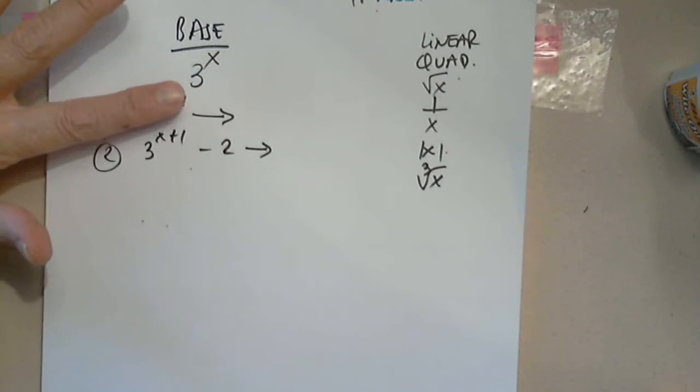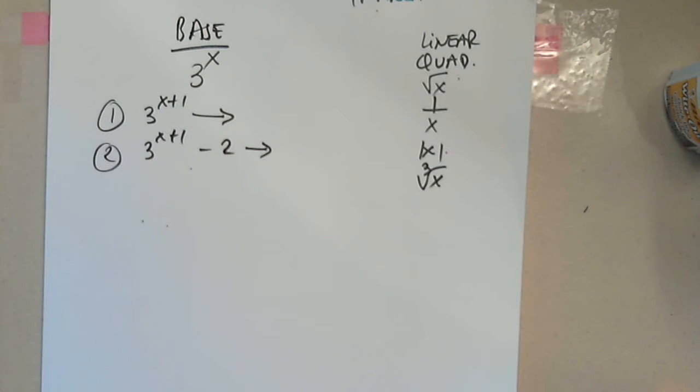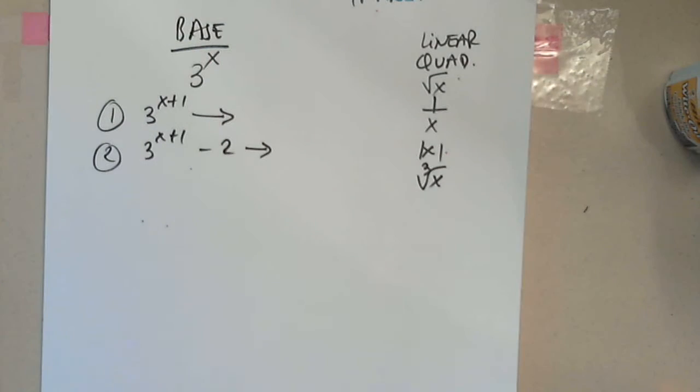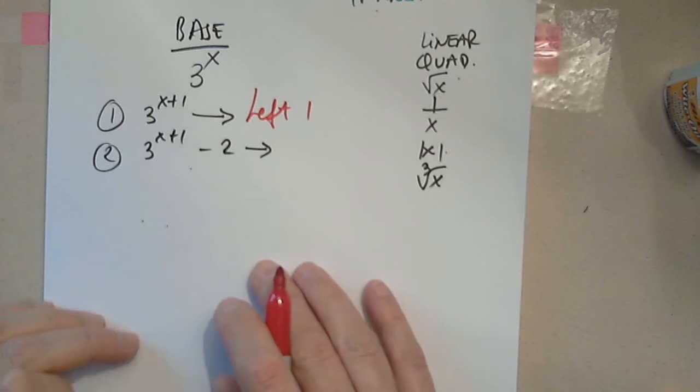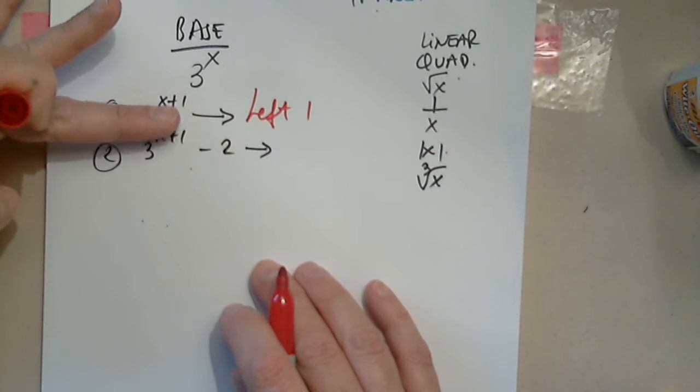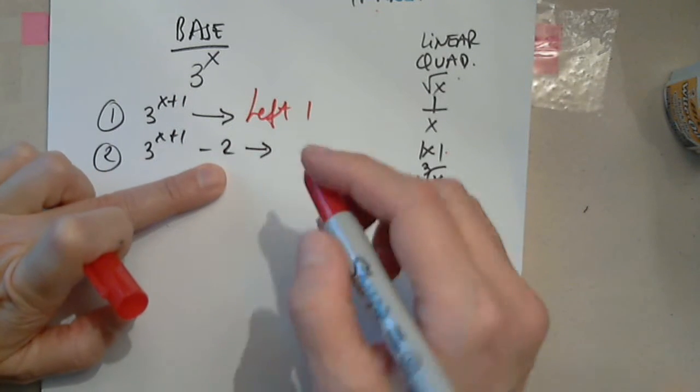Are we changing x or are we changing y? Well, we're changing x, right? Because when we change x into x plus 1, the graph shifts left 1. And then from here, we're changing y, down 2.